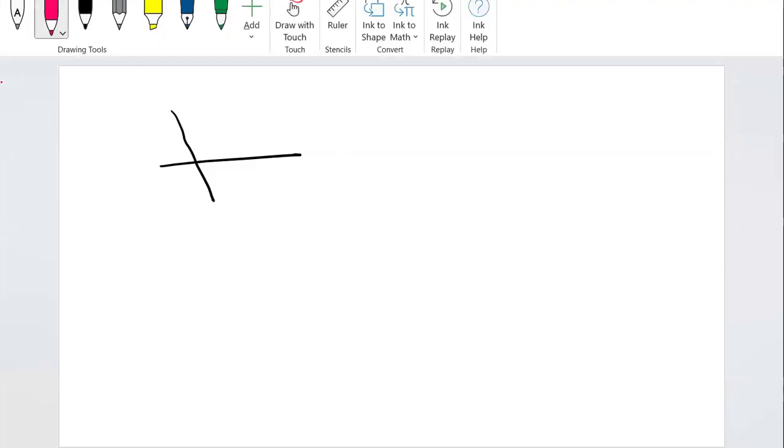So if I have a graph, and say the graph does something like this, let's say this is a parabola, going like that. So in this case here, is this a function? And the answer would be no.